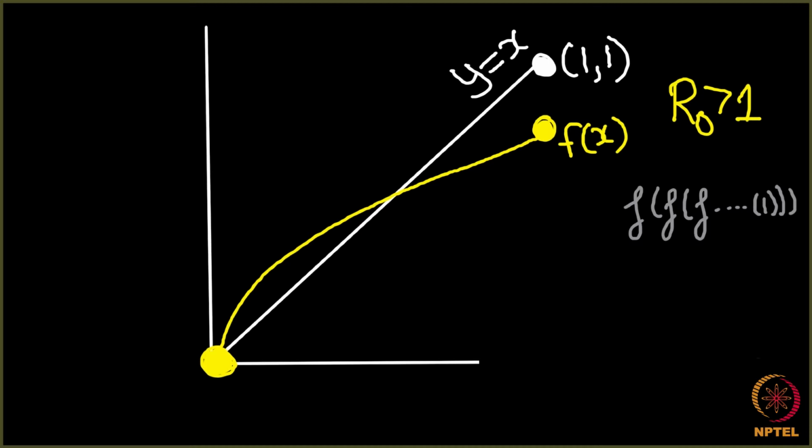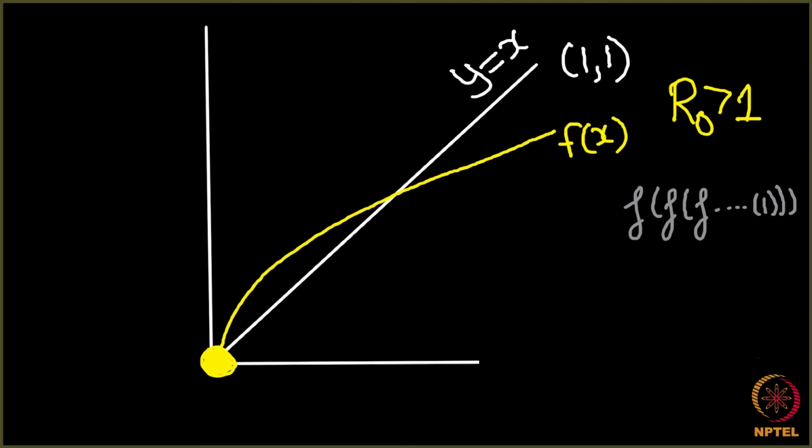I'll make a little change to this figure, because I want some sharp points over here. Yes, so this is the point 1, 1. Now see, something very interesting is going to happen.